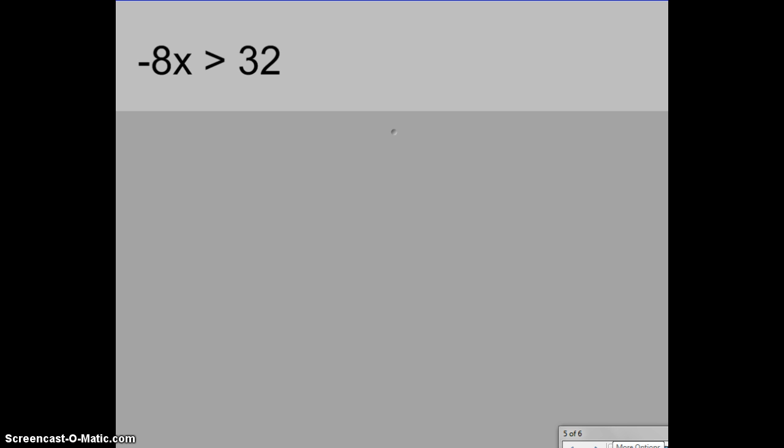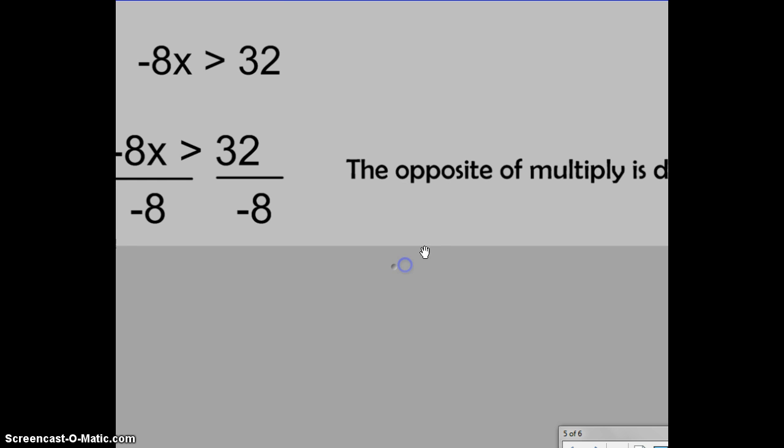As I look at my last example, my inequality states that negative 8 times a number is greater than 32. This is a multiplication problem. I need to divide to get the x by itself.